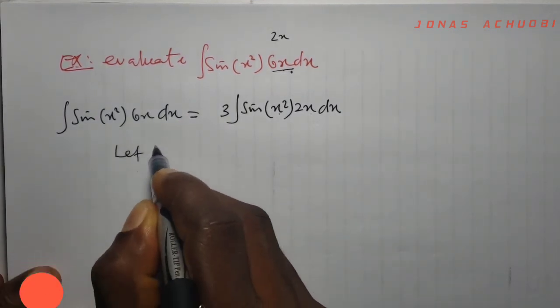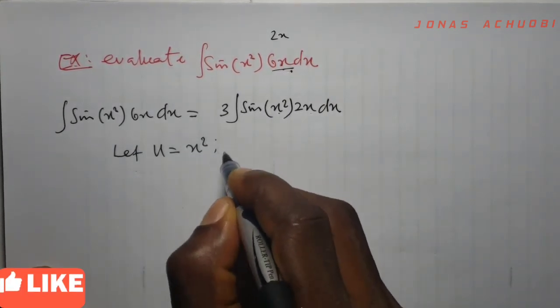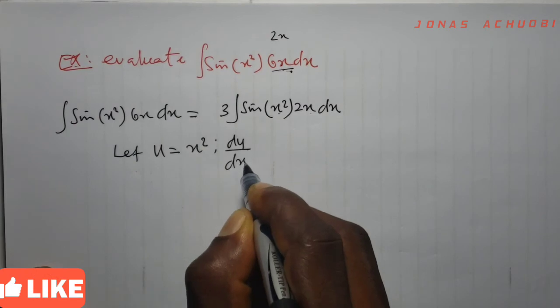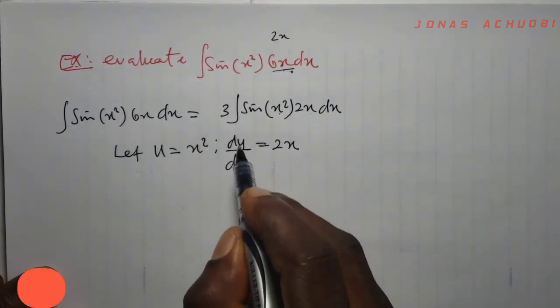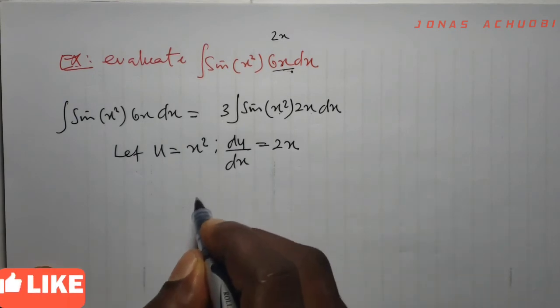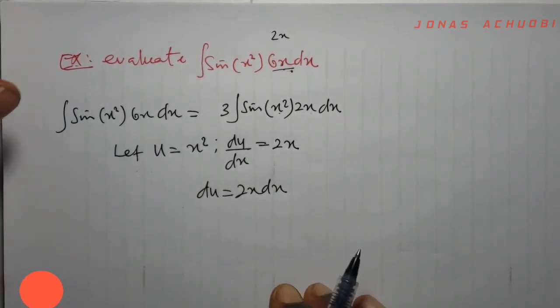I say let u be what? X squared. So that du over dx is what? 2x. And I'll make du the subject of the equation. I get du equal 2x dx.